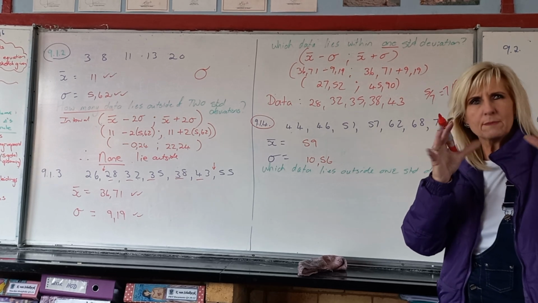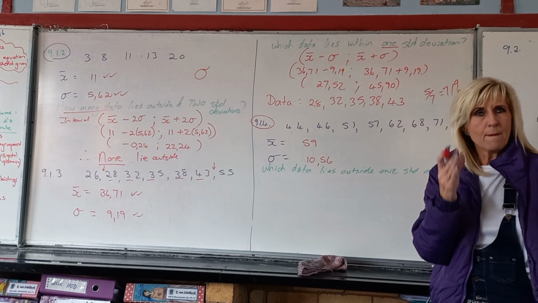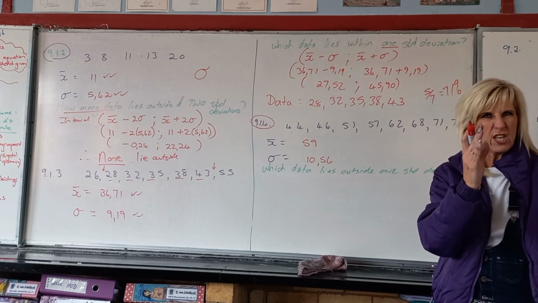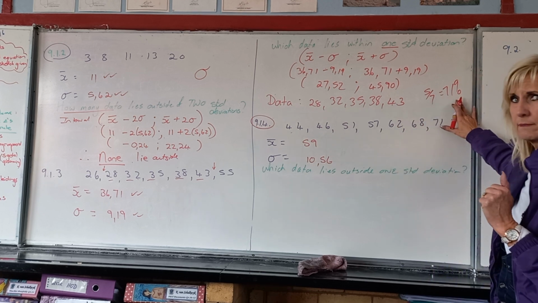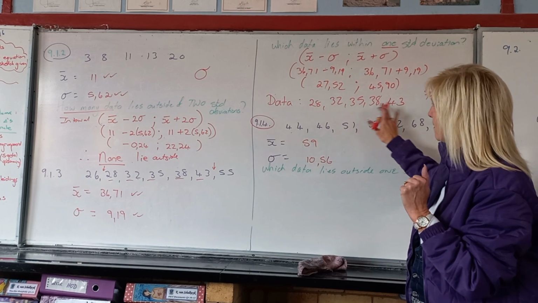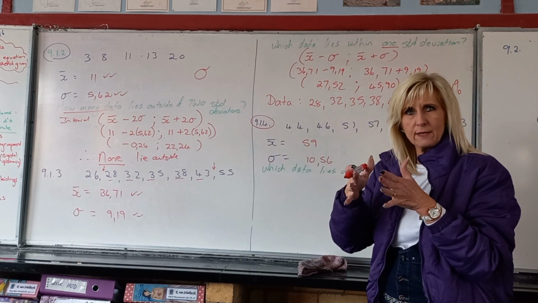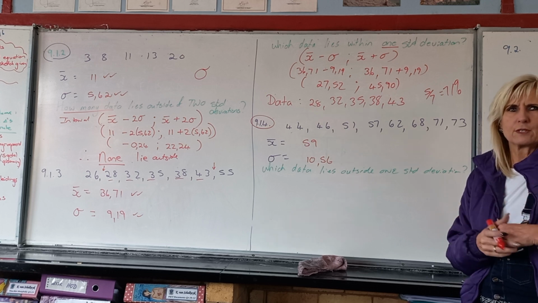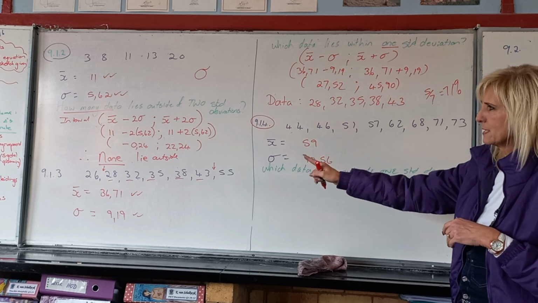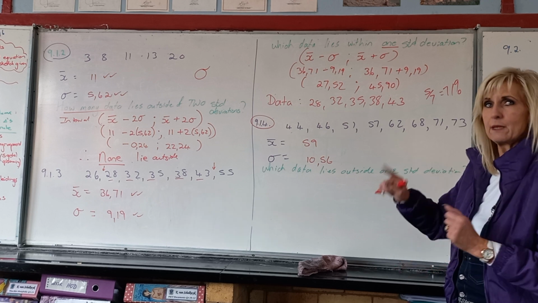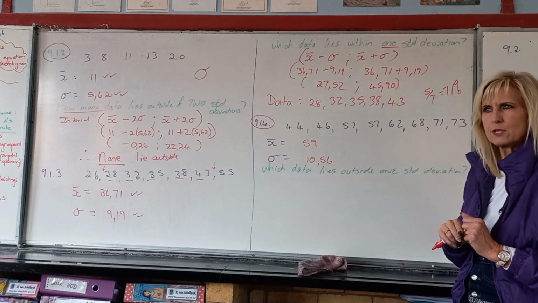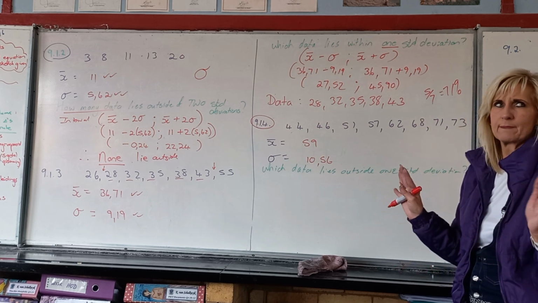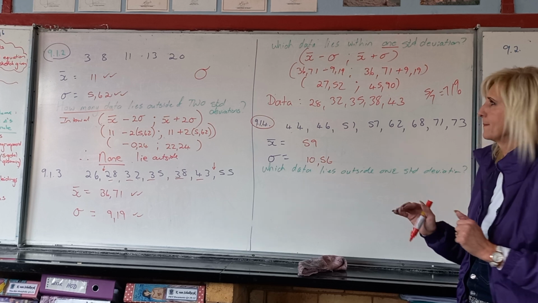Is that approximately right, what I taught you? Most of the time it's like 2/3-ish, right? 5 out of the 7 was inside. So how many were outside? Silly question. It was the 26 and the 55. There were 2. Are you with me? Just answer the question correctly. This is such easy peasy work.